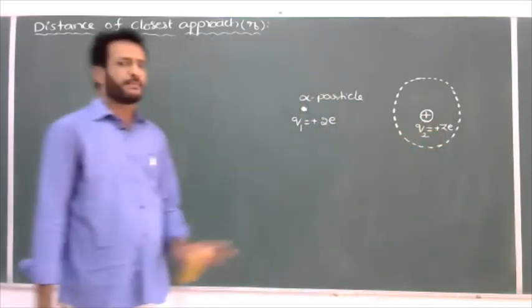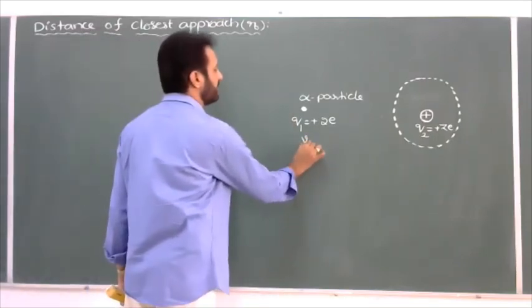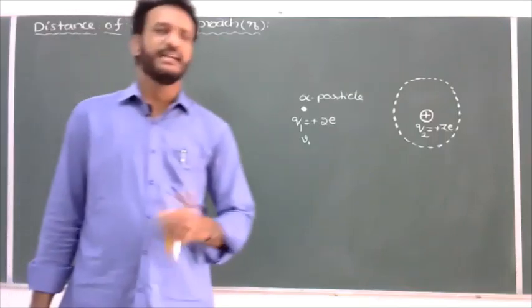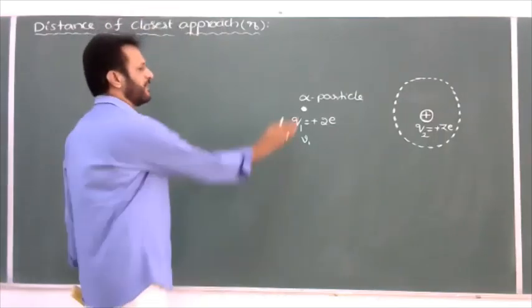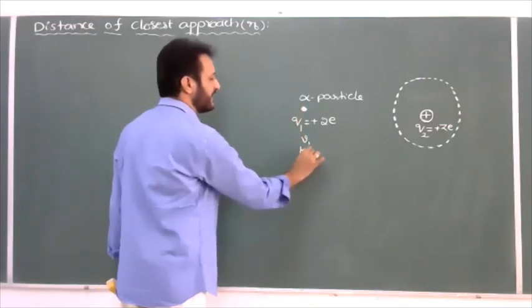Whenever the alpha particle is far away from the nucleus and moving with a speed V1, what type of energy does it have? Kinetic energy. So when the alpha particle is far away from the nucleus, it has kinetic energy, say KE.